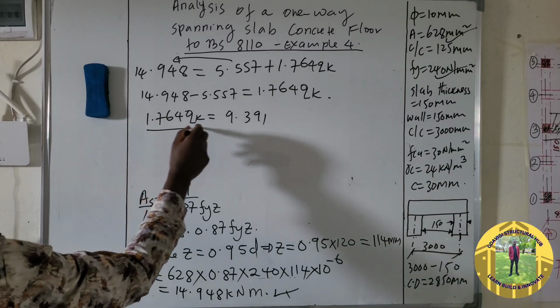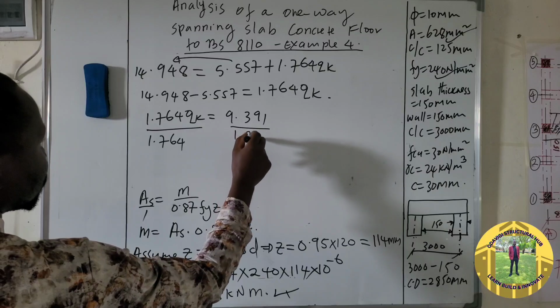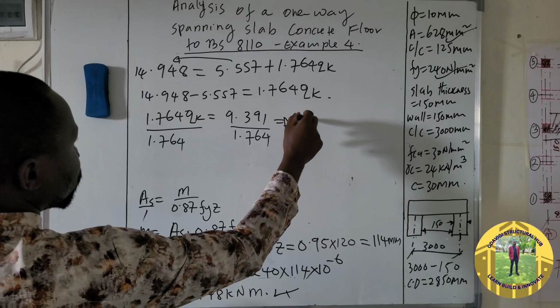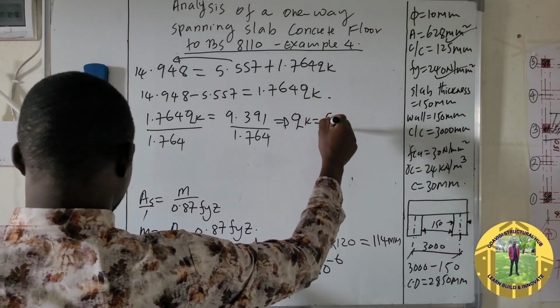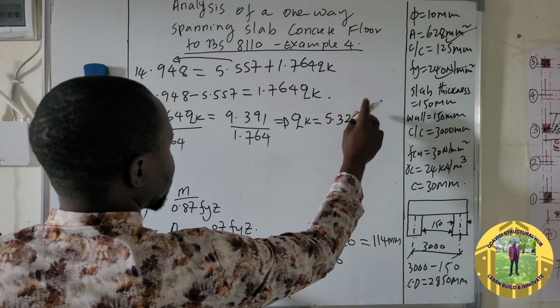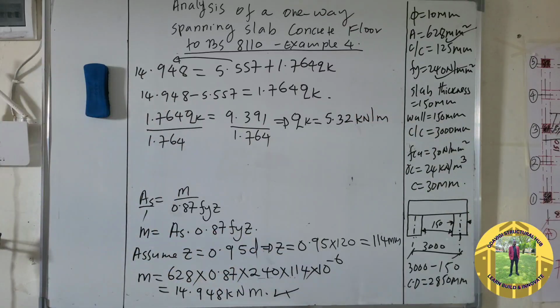So to get QK, you divide both sides by 1.764, which implies QK is equal to 5.32. This is in kilonewton per meter.